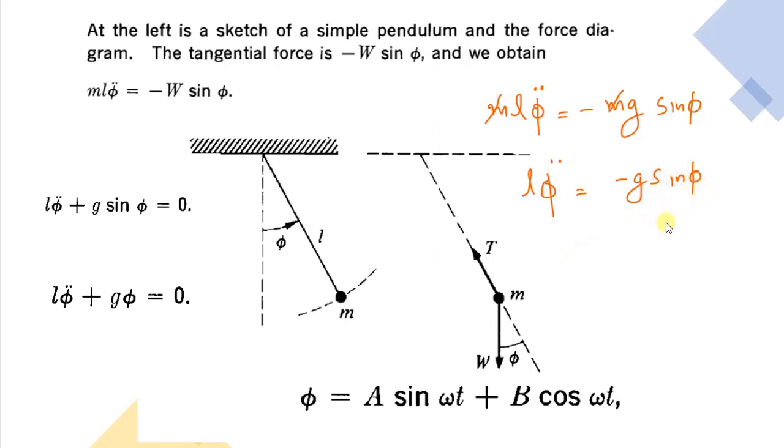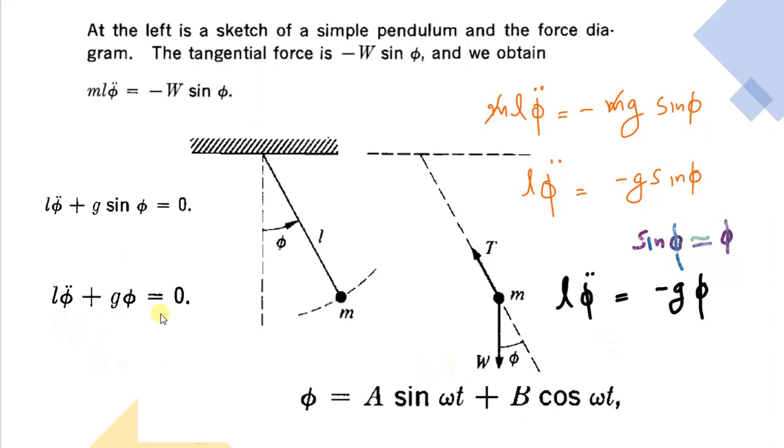When phi is small, we can take sin phi approximately equal to phi. So this equation becomes L phi double dot is equal to minus g into phi.